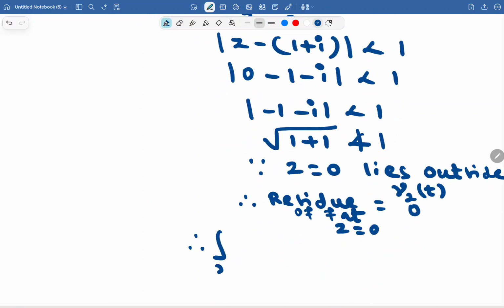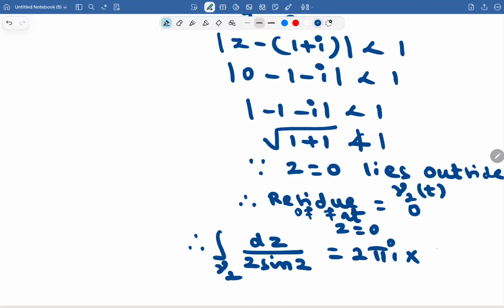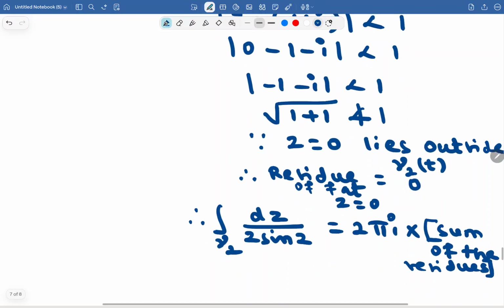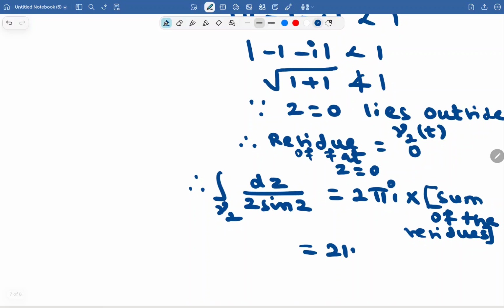Therefore the integral over γ2 of dz/(z sin z), by using the Cauchy residue theorem, is the sum of the residues, which is 2πi times 0, equal to 0.